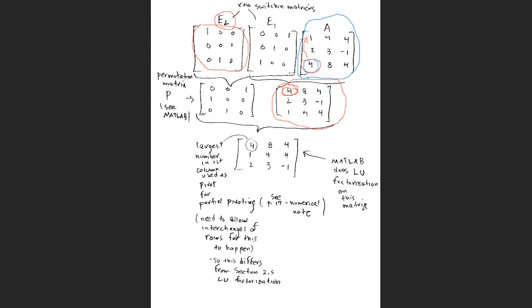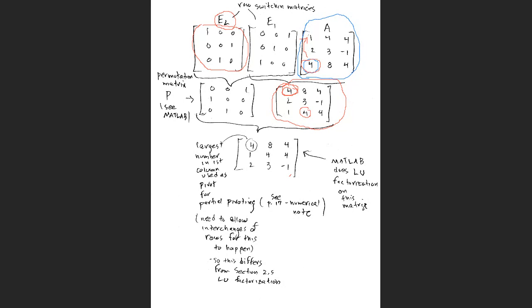You're worried about the 3 and the 4. Well, what's the largest number between 3 and 4? It's going to be the 4. So you want to move the 4 into the second row and move the 3 down to the bottom row. That's why you have to multiply E1A by E2.